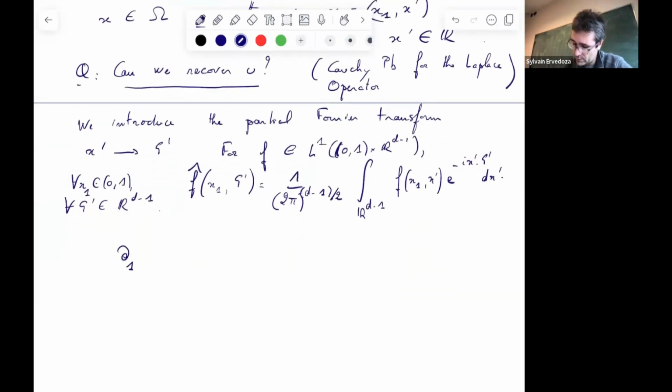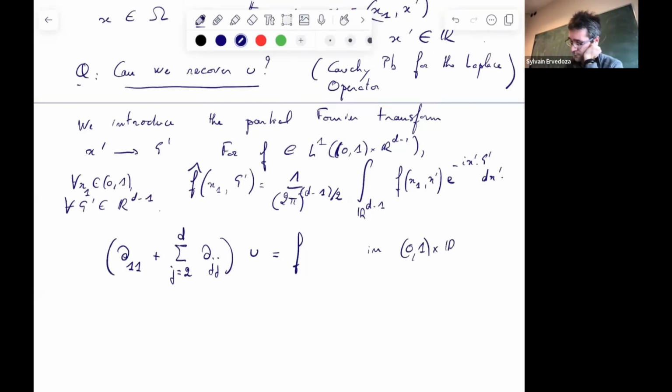So let's put it that way. We have d_11 plus the sum for j from 2 to d of d_jj of u equals f. Okay, so this is in the strip, so (0,1) cross R^(d-1).